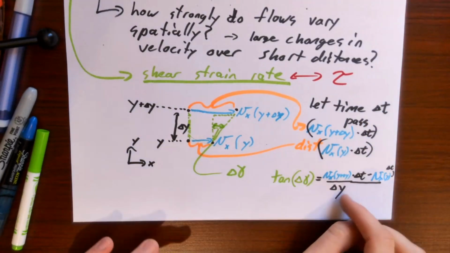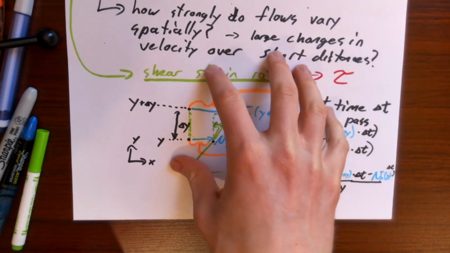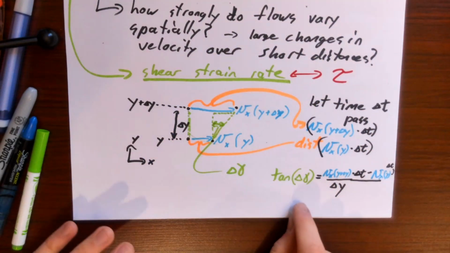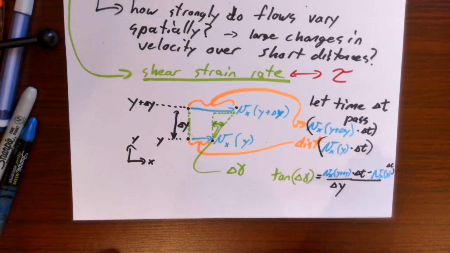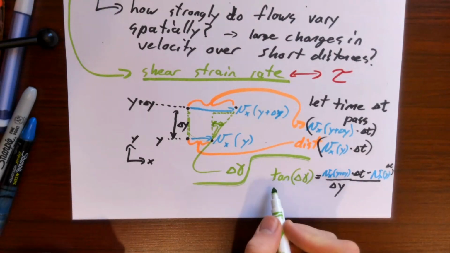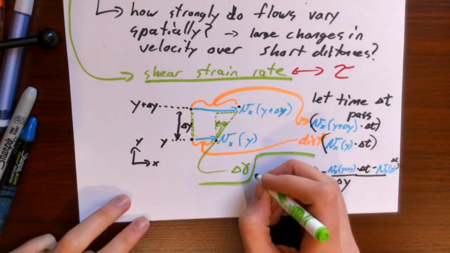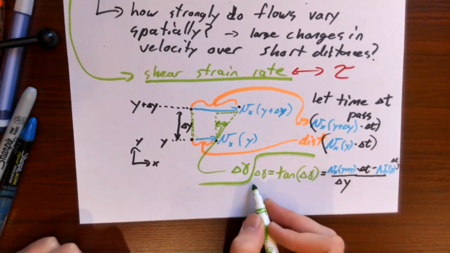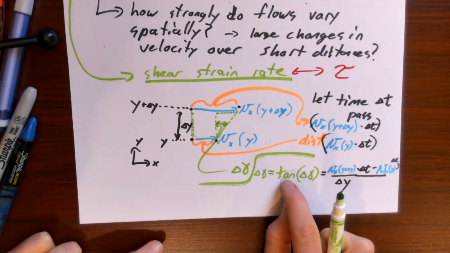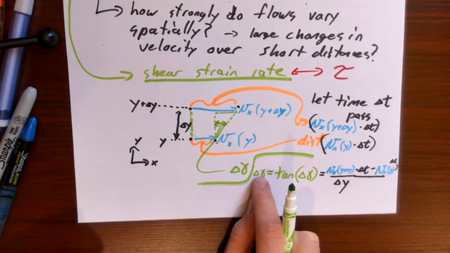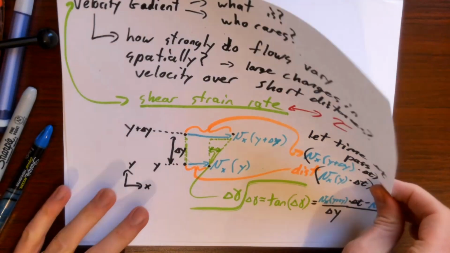If I imagine this happening over infinitesimally small timescales, then, if you dust off your high school trigonometry, for very small angles, tan of something is approximately equal to the thing itself, as long as you express it in radians. Remember, sine theta about equals theta for small angles. In this case, tan of delta gamma is approximately equal to delta gamma over small angles. So that's going to be useful.